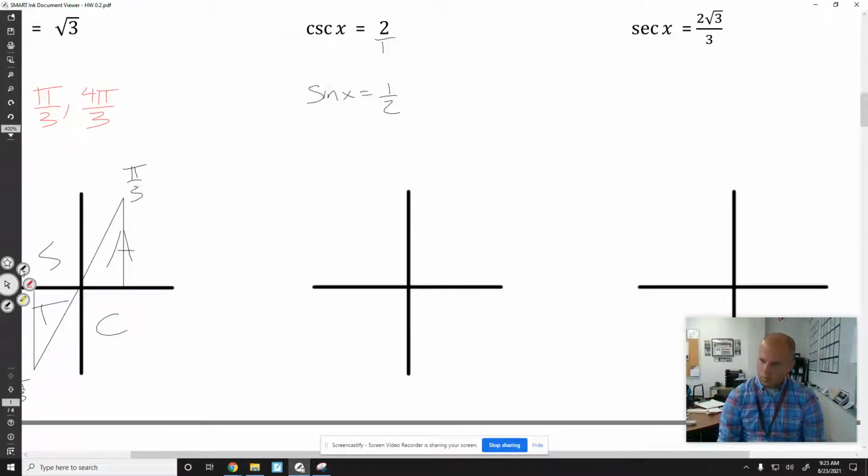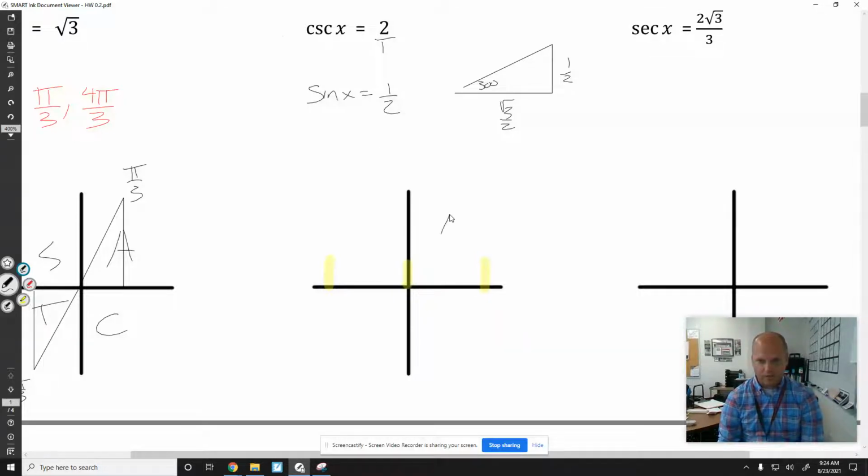Again, however you want to do it, whether you say, I'm going to go up just a little bit but over more, or you say, opposite 1/2. Here's a triangle where the opposite is 1/2 and the adjacent, that longer side, is root 3 over 2, a 30-degree reference angle.